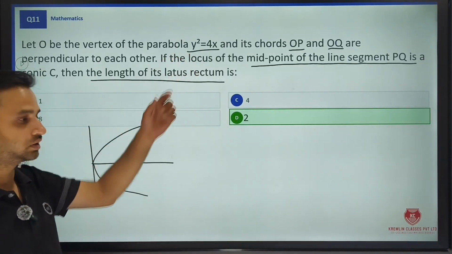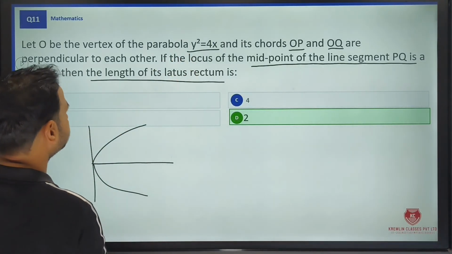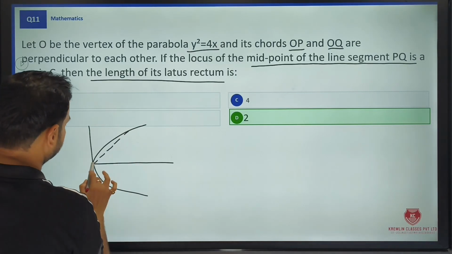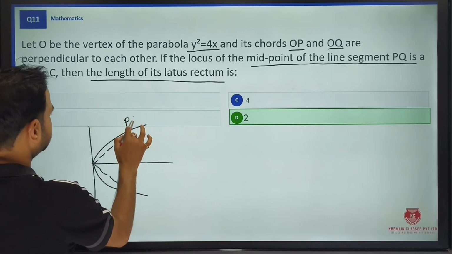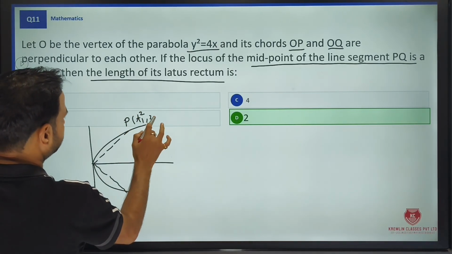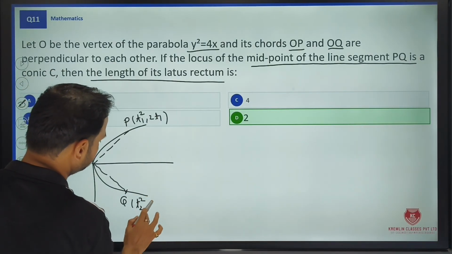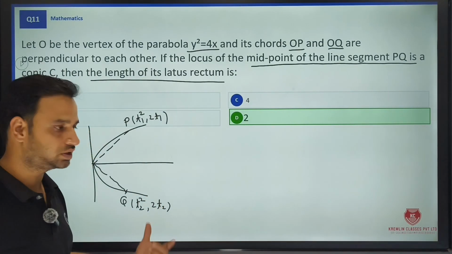So let us draw the diagram. y square equal to 4x. Here P and Q, OP is perpendicular to OQ. So P is the parametric point t1 square comma 2t1, Q is t2 square comma 2t2. This is the parametric point.